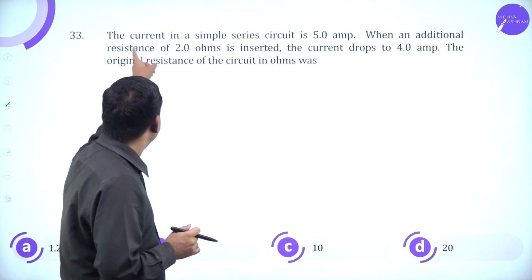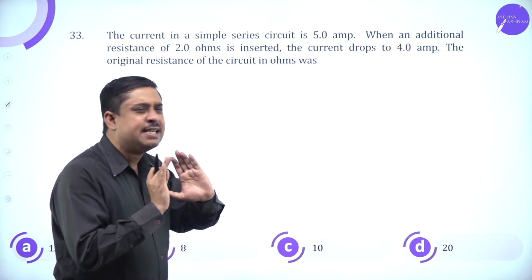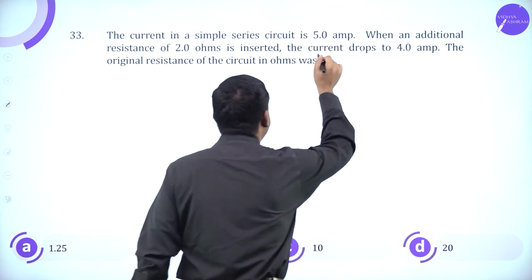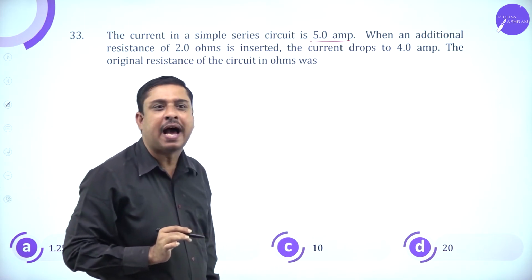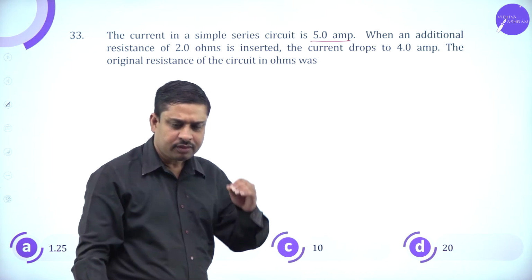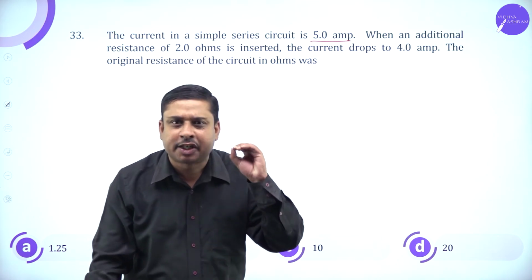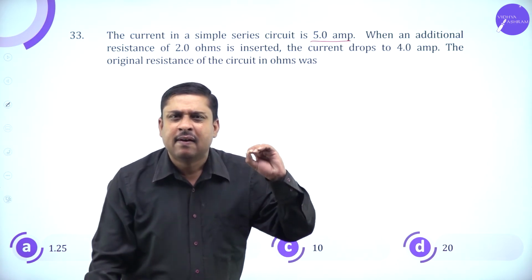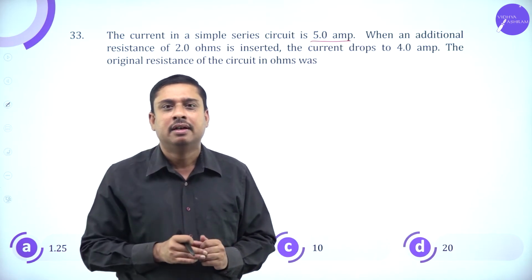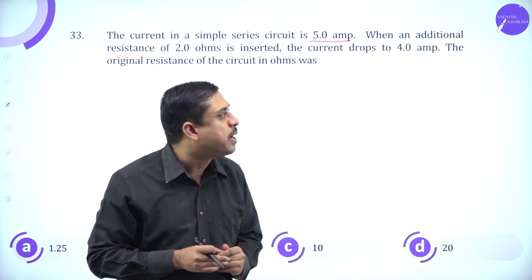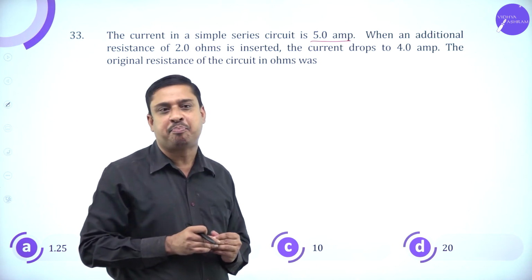Now, the current in a simple series circuit is 5 ampere. In a circuit, when there is some resistance R, the current set up is 5 ampere.